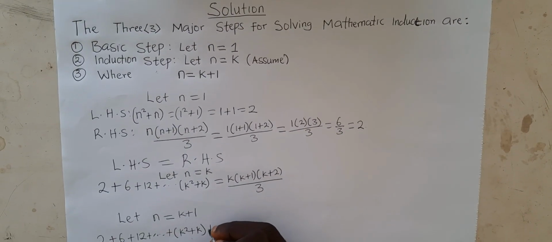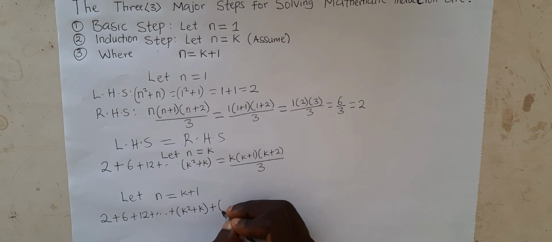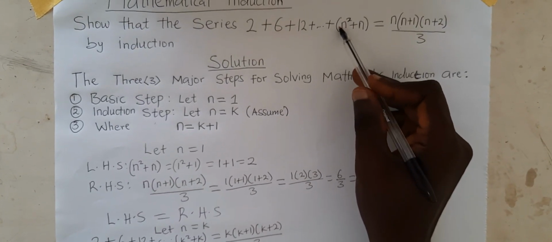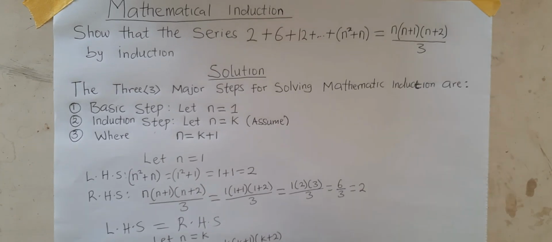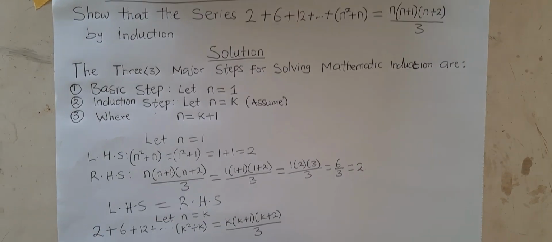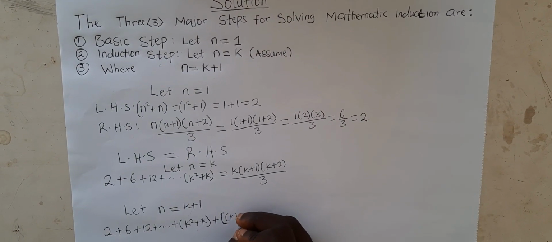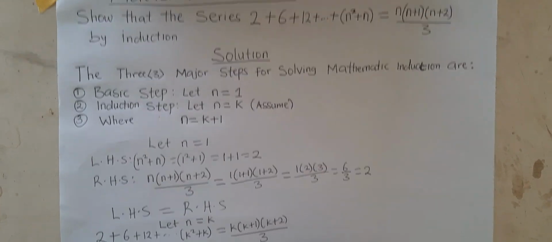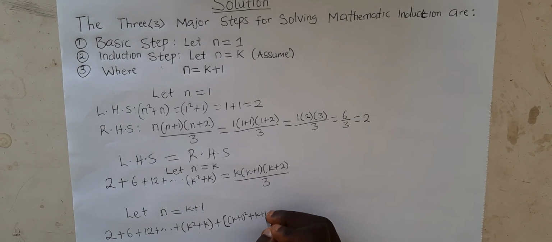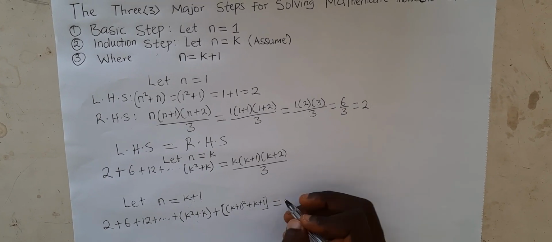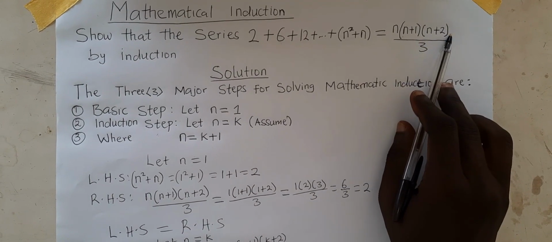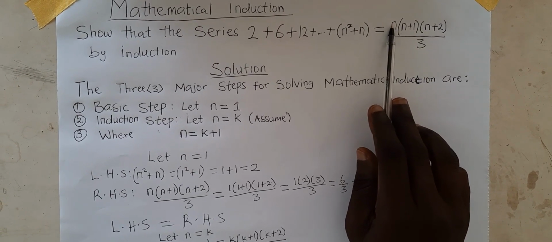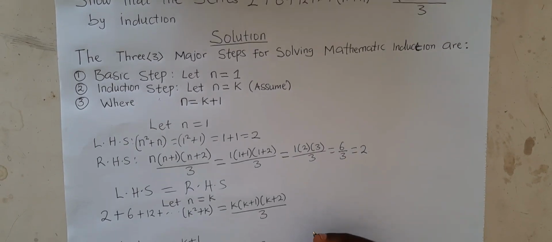So I will have plus, open brackets. Mind you, if you look at this clearly, this n squared is k plus 1 squared. So let me write it like this: k plus 1 squared plus, we have n here, so that will give me k plus 1, equals to, at the right hand side, I have this. I will need to write this, changing whatever I see n to k plus 1.